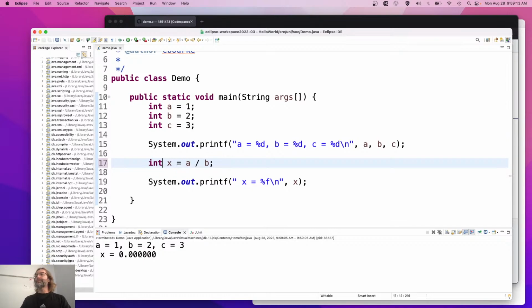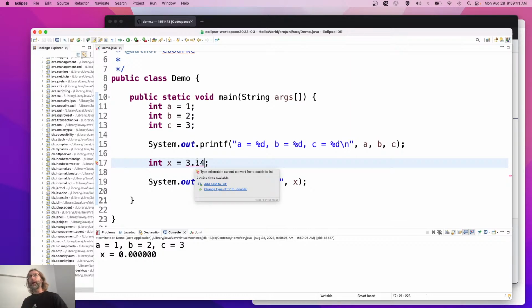For example, if you wanted to do, say, I don't know, x is equal to 3.14. Now, x is an integer. Normally, if truncation were to occur, what would happen to that 0.14? Get chopped off and thrown away. But Java, at least, is trying to save you from yourself here and giving you a compiler error. Type mismatch. You cannot convert implicitly a double to an integer in this case.